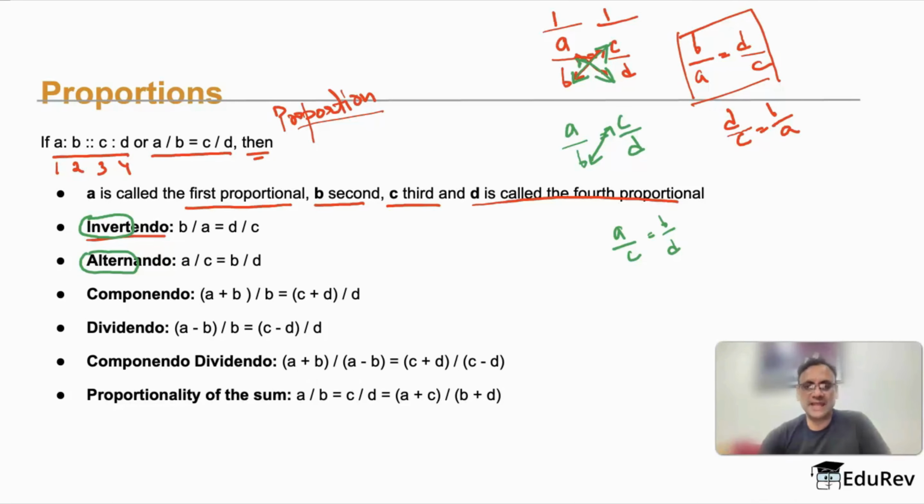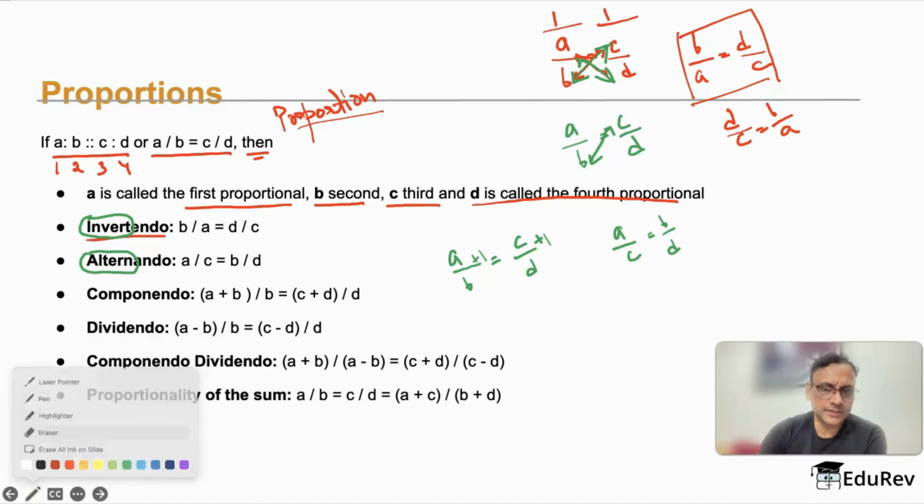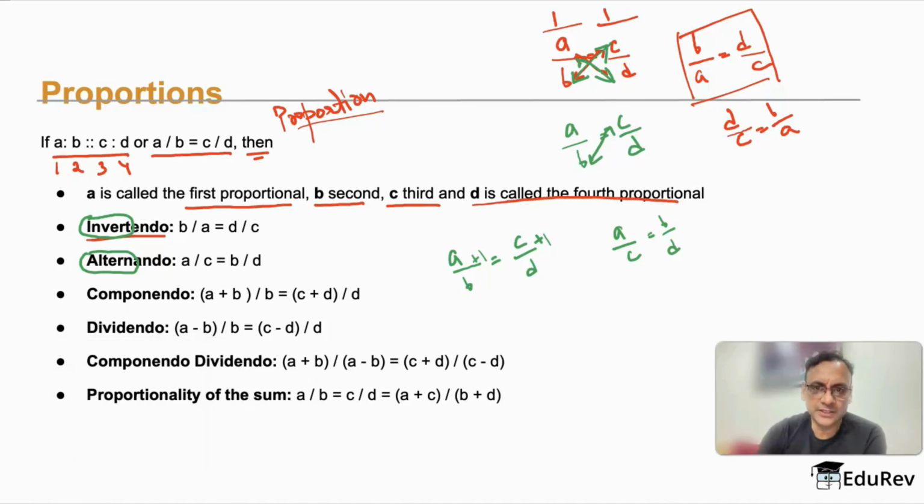Then let's look at this again. A by B is equal to C by D. Let's add 1 on both the sides. I can do A plus 1, not to the numerator, but to the whole fraction. Let me erase this to avoid any confusion.